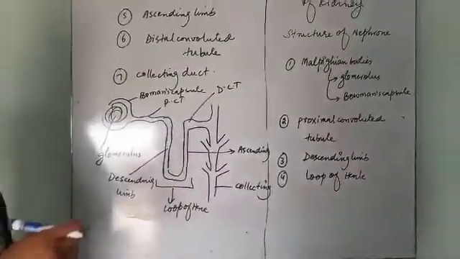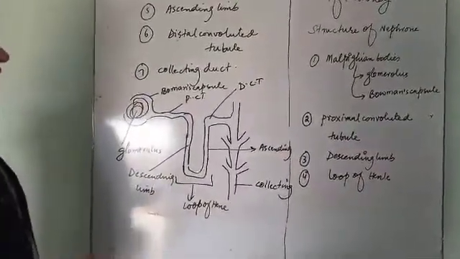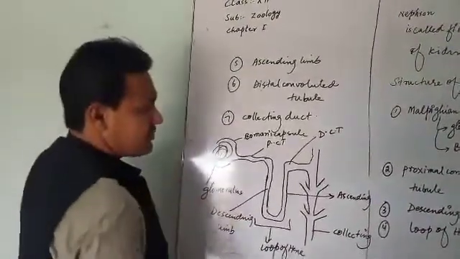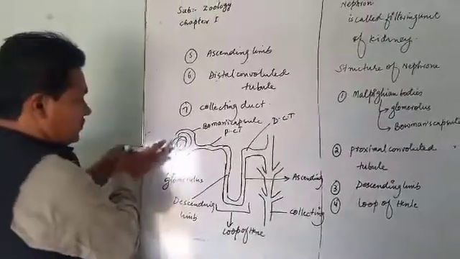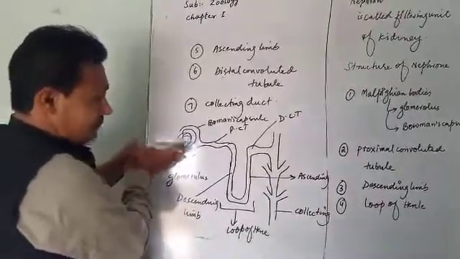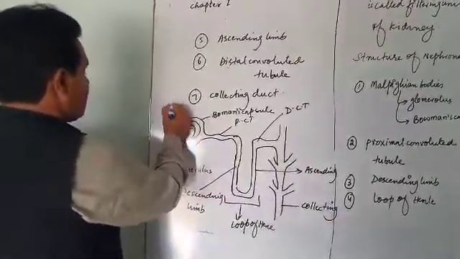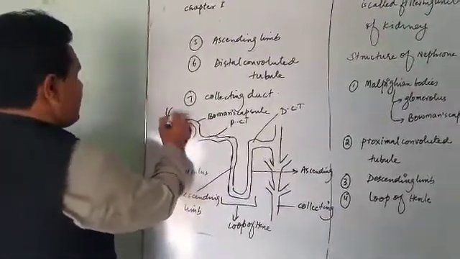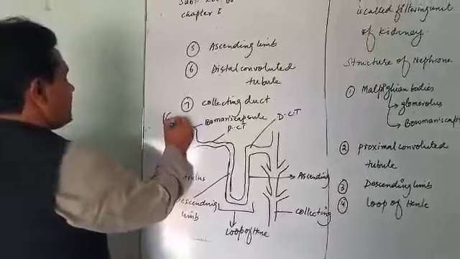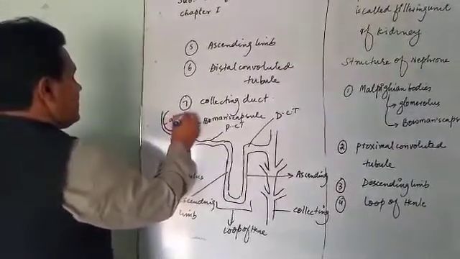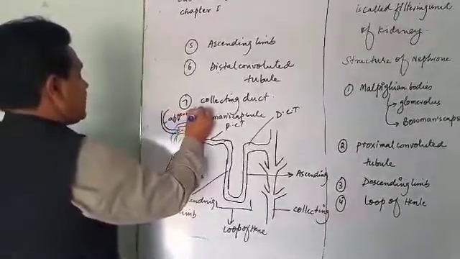The smallest arteries are arterioles. They arise from the renal artery and go towards the Bowman's capsule. These are called afferent arterioles.